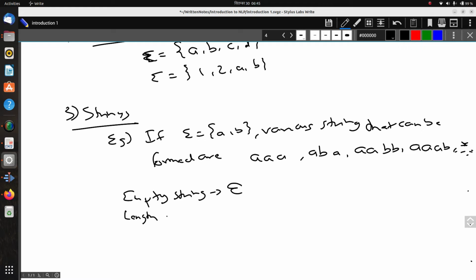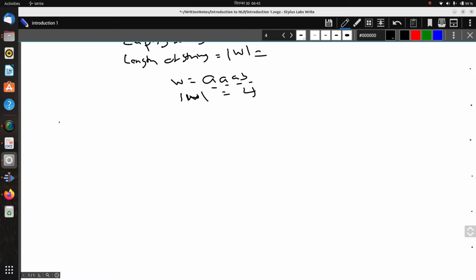The length of a string is denoted by this symbol, and it is the number of symbols present in the string. So if I say a string AAAB, the cardinality or the length of the string is 4 here, as there are 4 symbols in the string.